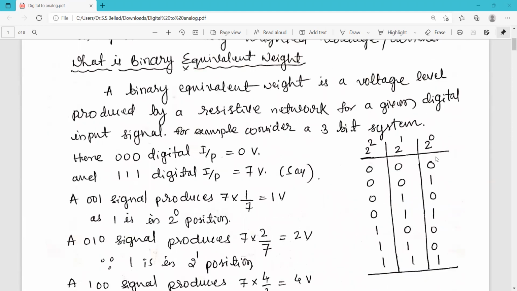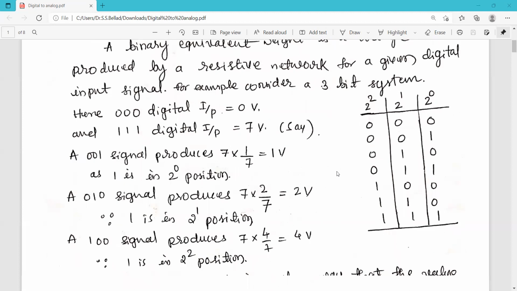This is the LSB and this is the MSB for this 3-bit system. This MSB will change according to the bit system. Suppose you are considering a 4-bit system, then 2 raised to 3 becomes the MSB. In that way it continues.